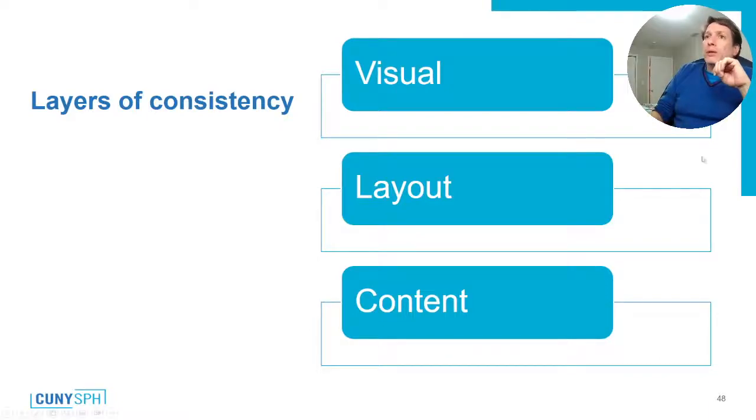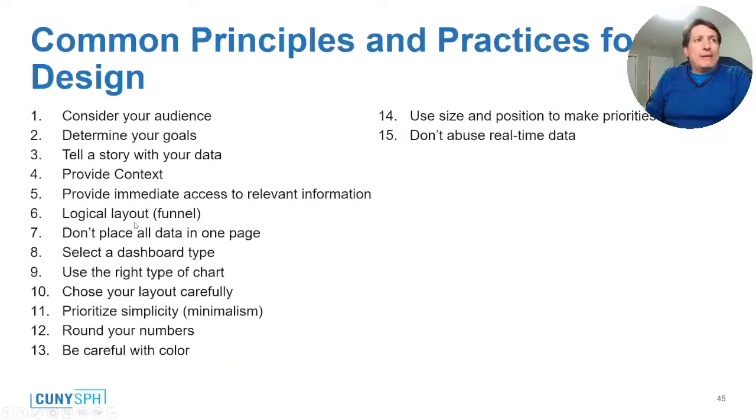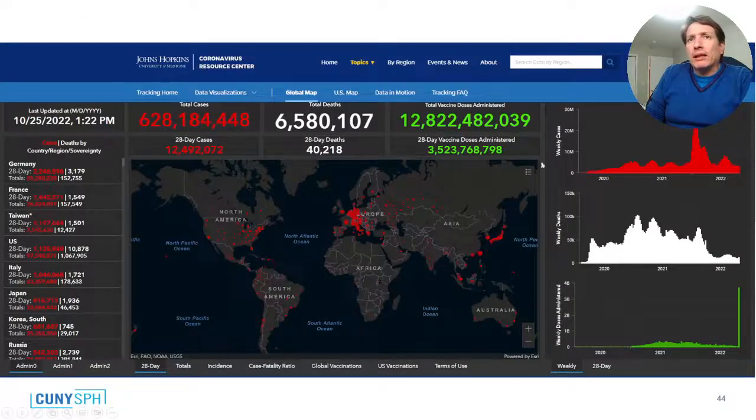The other is consistency in layout, in the way that we put things, especially when we have labels and different representations. Remember in the Johns Hopkins representation, we always go cases, dead, and we are consistent in that way.